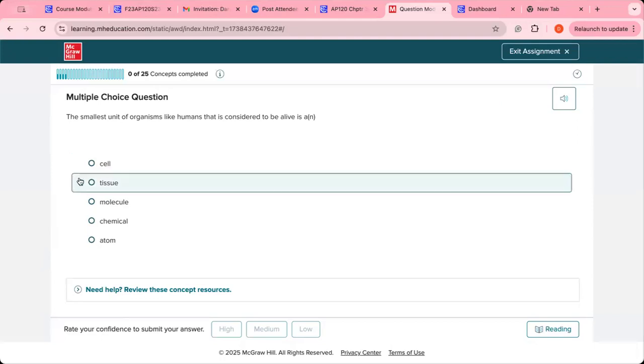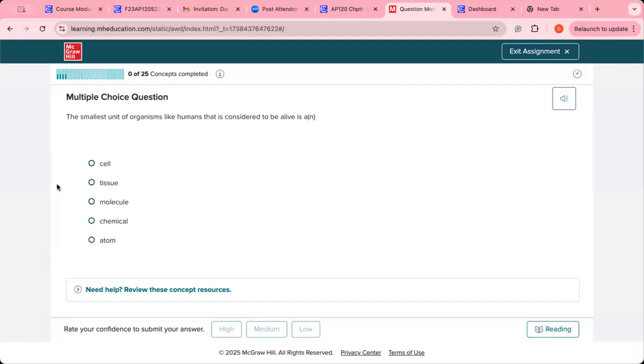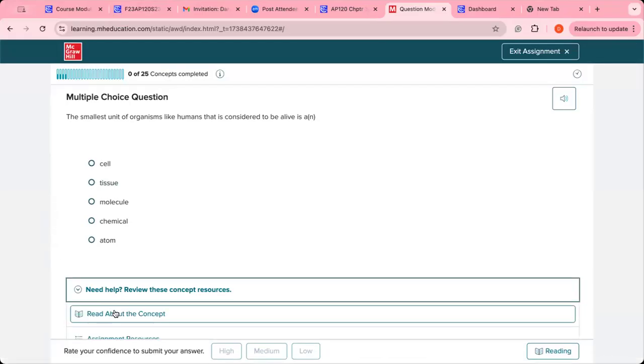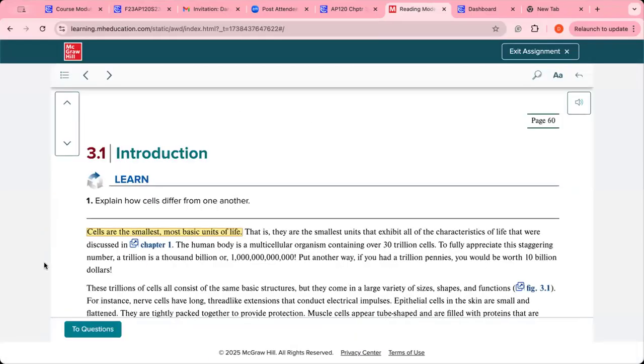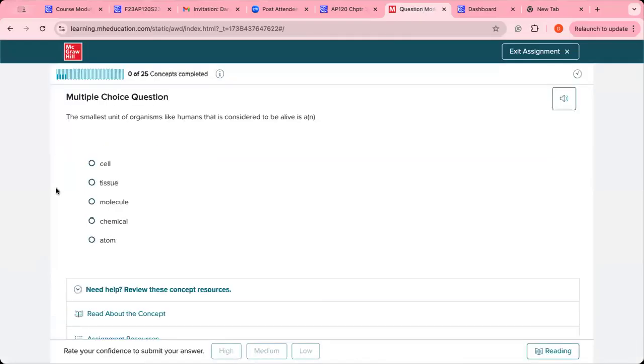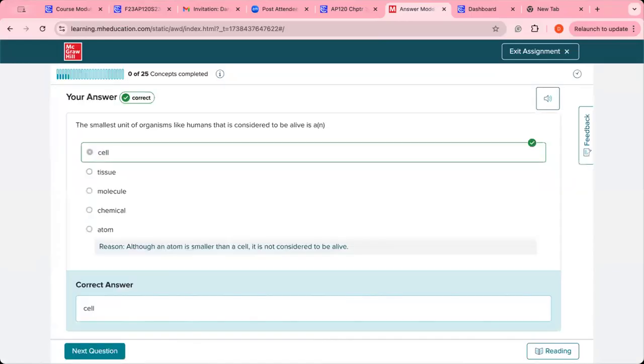Go look and see at the resources what they tell you. Cells are the smallest units, and the smallest units in the cells are atoms. So cell is what they wanted. You were right, and I was wrong here. Yeah, good. Cell is correct.